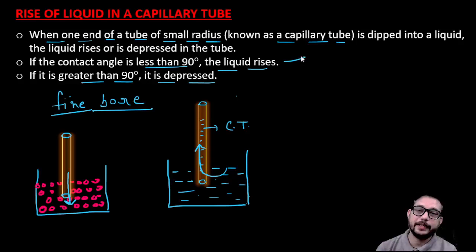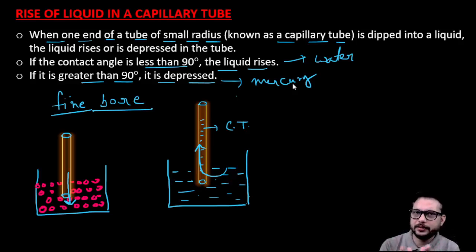So this is the case of water, and this is the case of mercury. I hope this is now clear: a capillary tube has a property depending upon the contact angle of any particular fluid. If the contact angle is less than 90 degrees, the fluid will rise up. If the contact angle is greater than 90 degrees, it will depress.